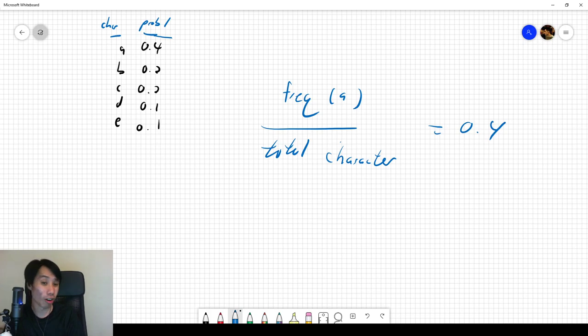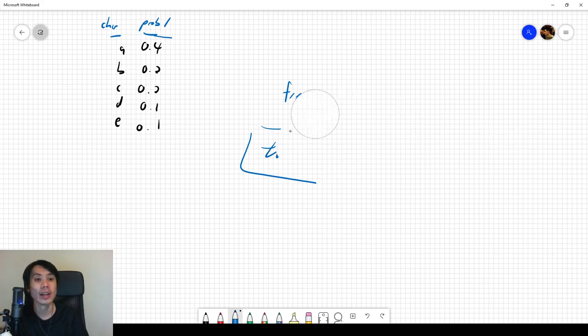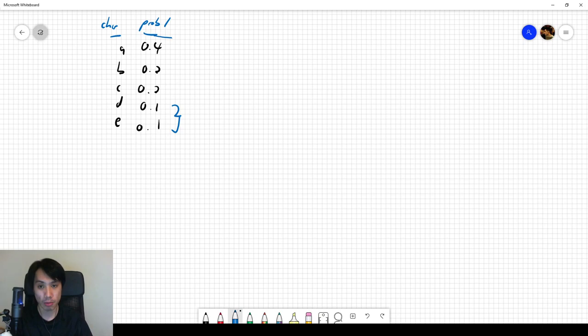You realize the algorithm doesn't change because the counts will be divided by the same total anyway. So how are we supposed to do it? What I want is to look for the two smallest numbers in my list: 0.4, 0.2, 0.2, 0.1, 0.1. So 0.1 and 0.1 are the two smallest ones.